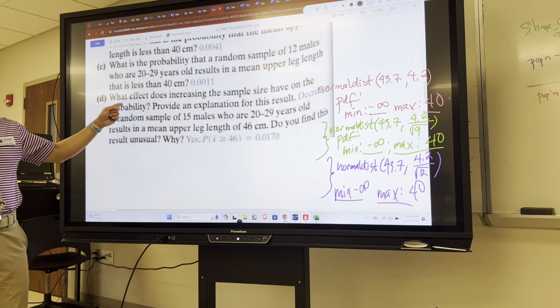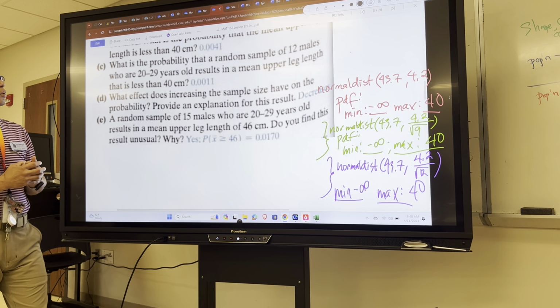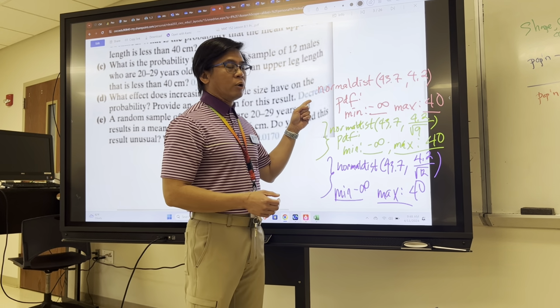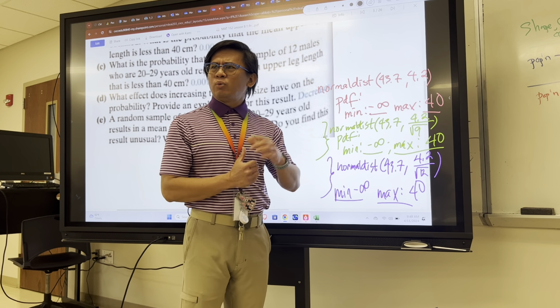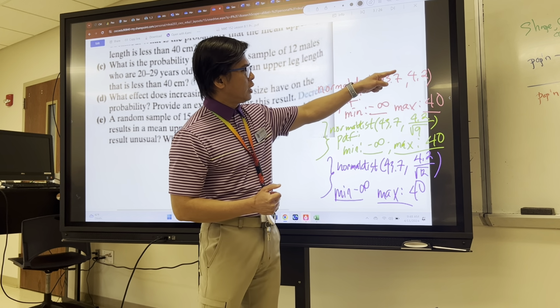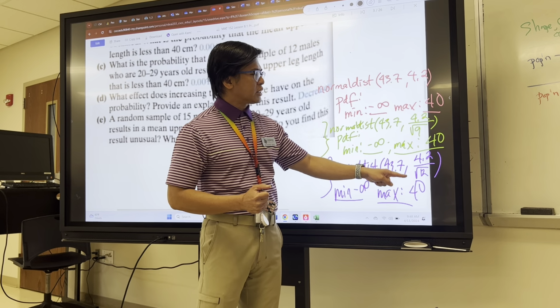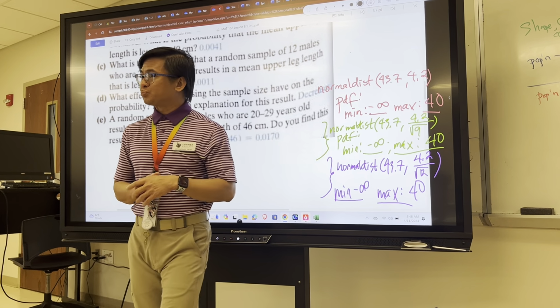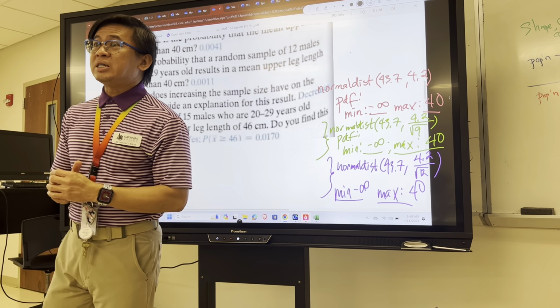What effect does increasing the sample size have on the probability? Provide an explanation of this result. So, what do we notice? It decreases. And what is the explanation of the result? Well, as your sample size increases, the standard deviation decreases as well.